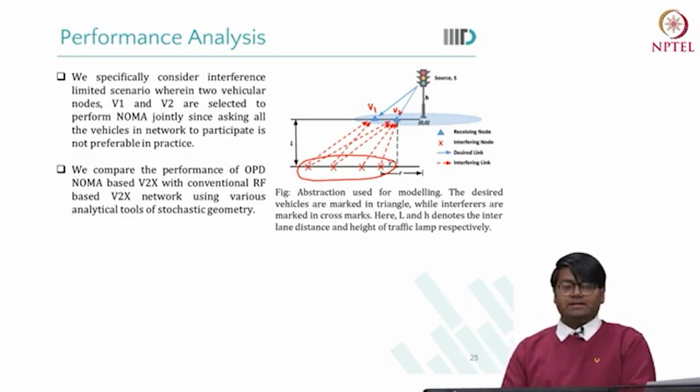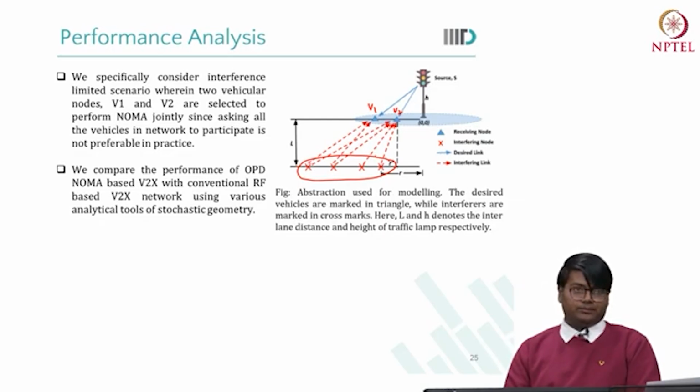So we consider the interference limited scenario where these two vehicular nodes are selected to perform NOMA, and we compare the performance of this optical power domain NOMA with conventional RF based V2X network using various analytical tools of stochastic geometry.